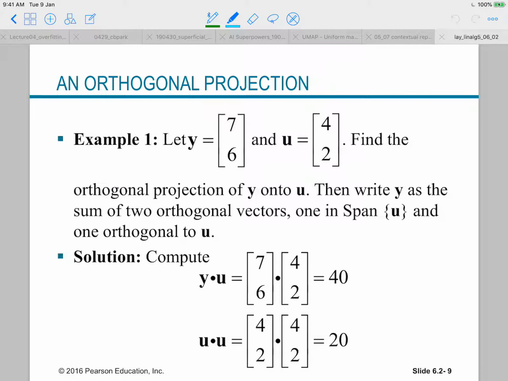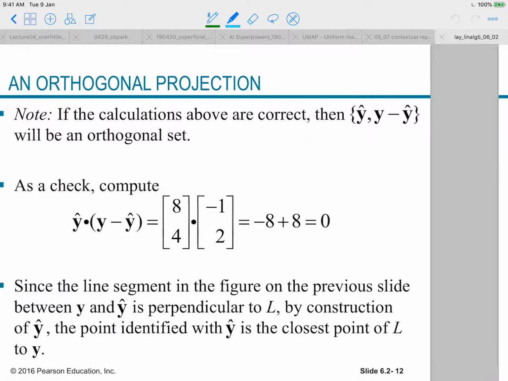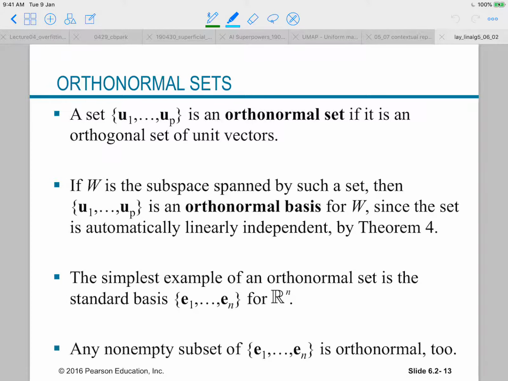Okay, and now let's study an additional notion that slightly extends our orthogonal set. So we understand the definition of an orthogonal set, but we also have another definition called an orthonormal set.